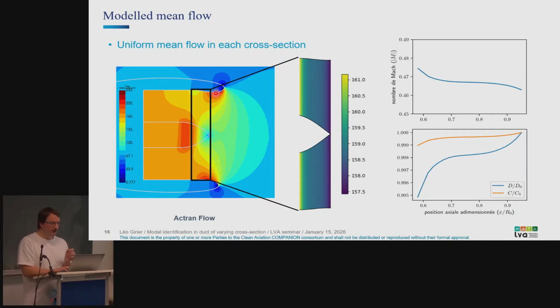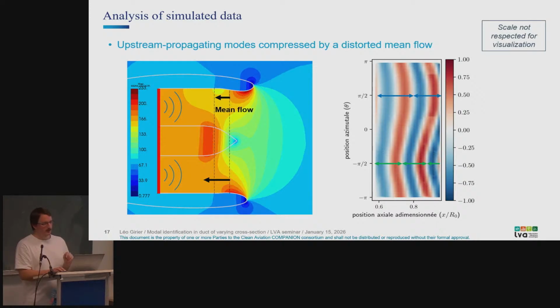So it consists basically of a cross-sectional average in r and theta of the simulated mean flows that you would get with Actran, more or less. So that's what we get in the model with the variation of the Mach number, sound speed, and density, but whatever. Just to tell you that it was quite different from the simulated mean flow. That's why we didn't have access to this sinuous pattern.